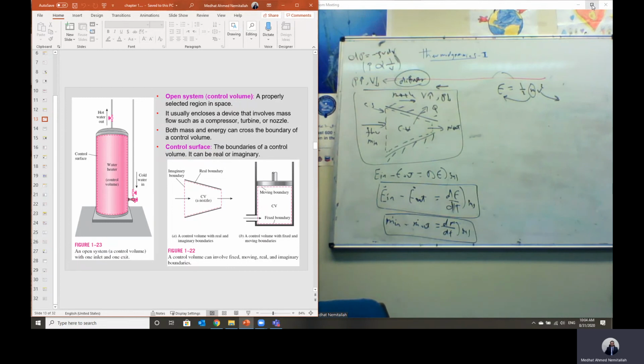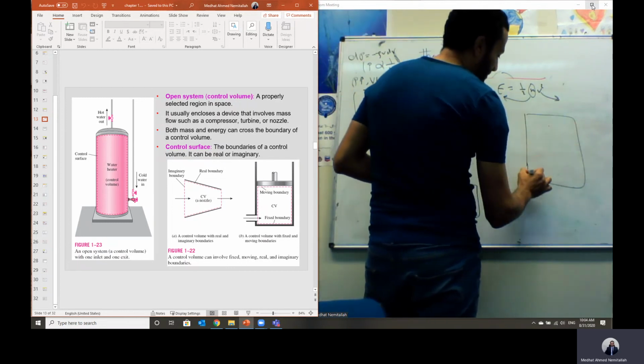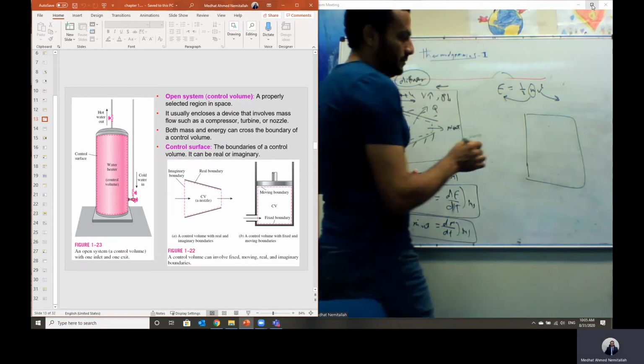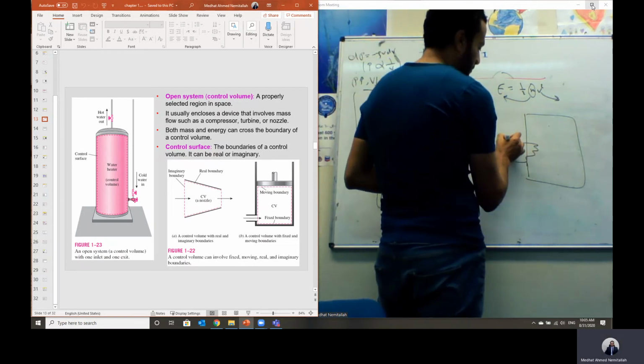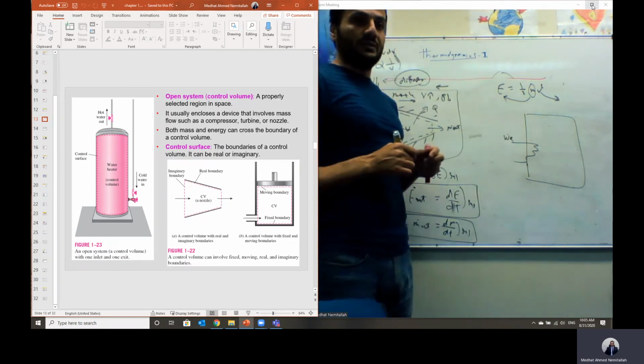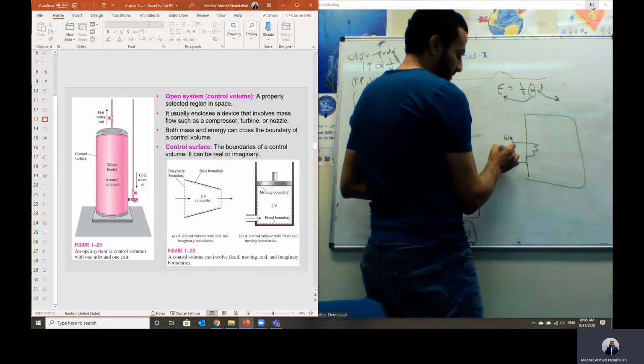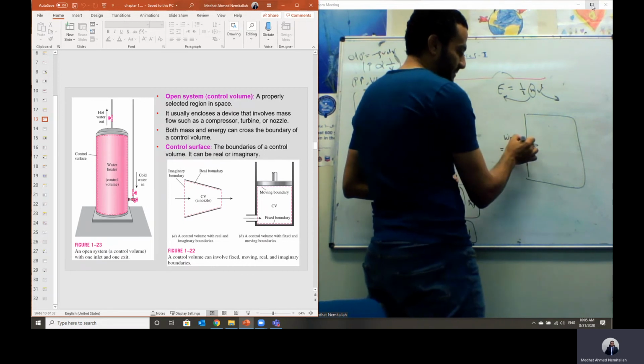Here is another example, which is the electric water heater. The idea here is we have an electric heater, which provides electric work to the system. Electric work, W dot electric, is equal to the volt multiplied by the current.